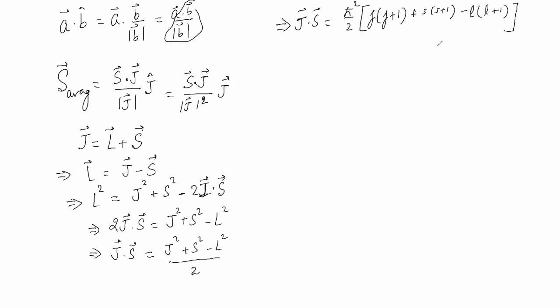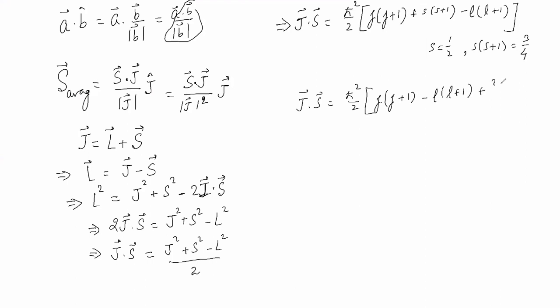Since we are talking about a single electron, S will be equal to half, such that S(S+1) will be equal to 3 by 4. And this leads to J dot S equal to h square by 2 times J(J+1) minus L(L+1) plus 3 by 4.